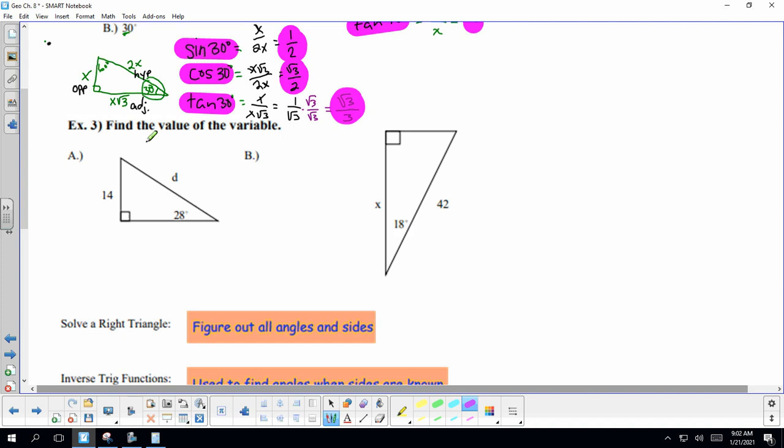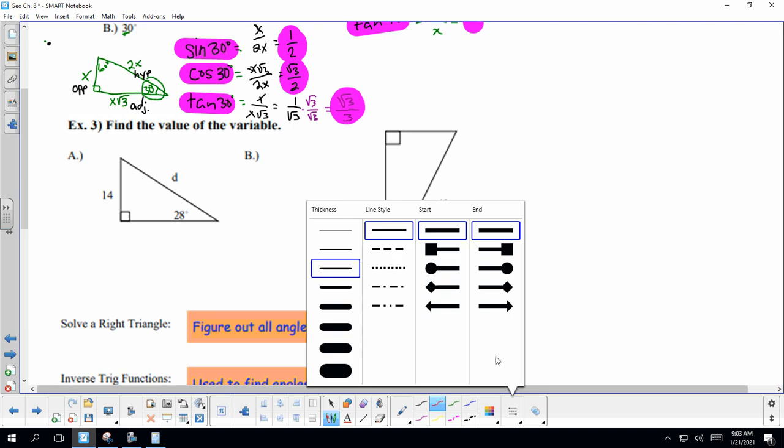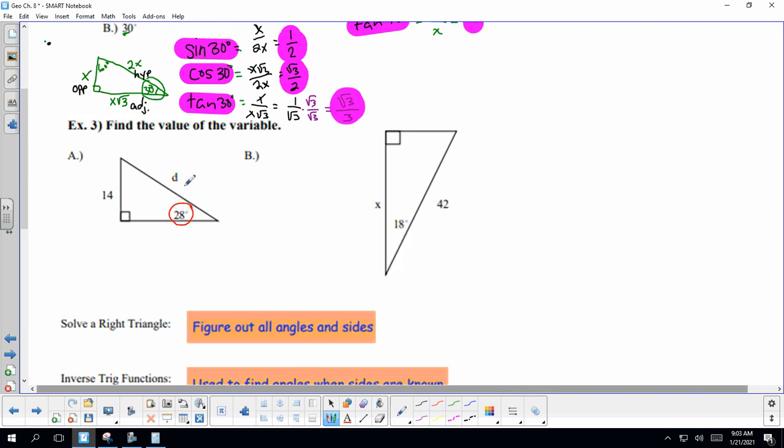Okay, example 3. Find the value of the variable. So we are going to solve for D. Let me show you how this works. I just made a marker here. So we're going to look at angle 28. D is the hypotenuse. It's across from the 90. And 14 is the opposite. It is across from our 28 degrees.